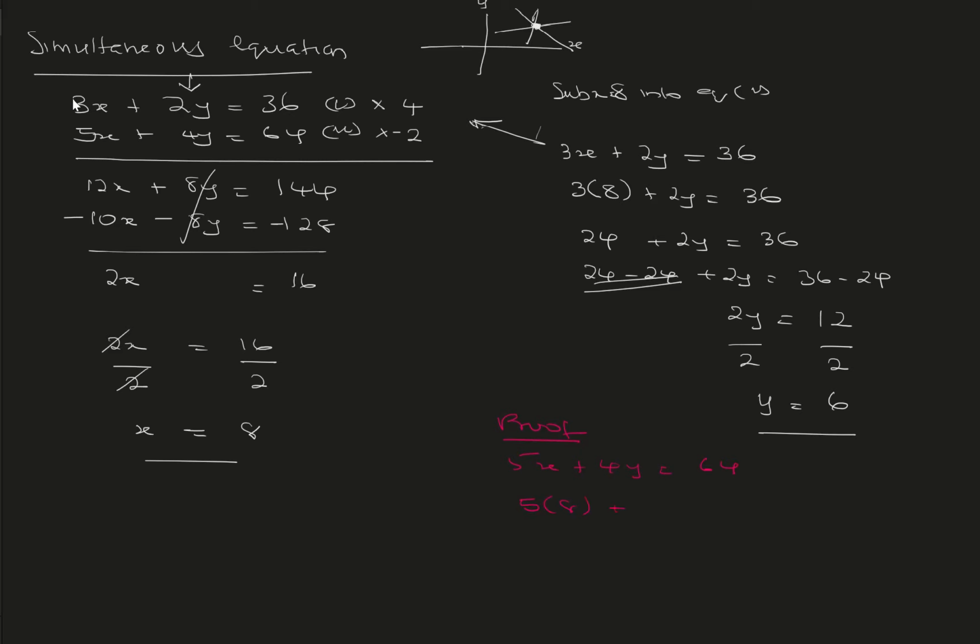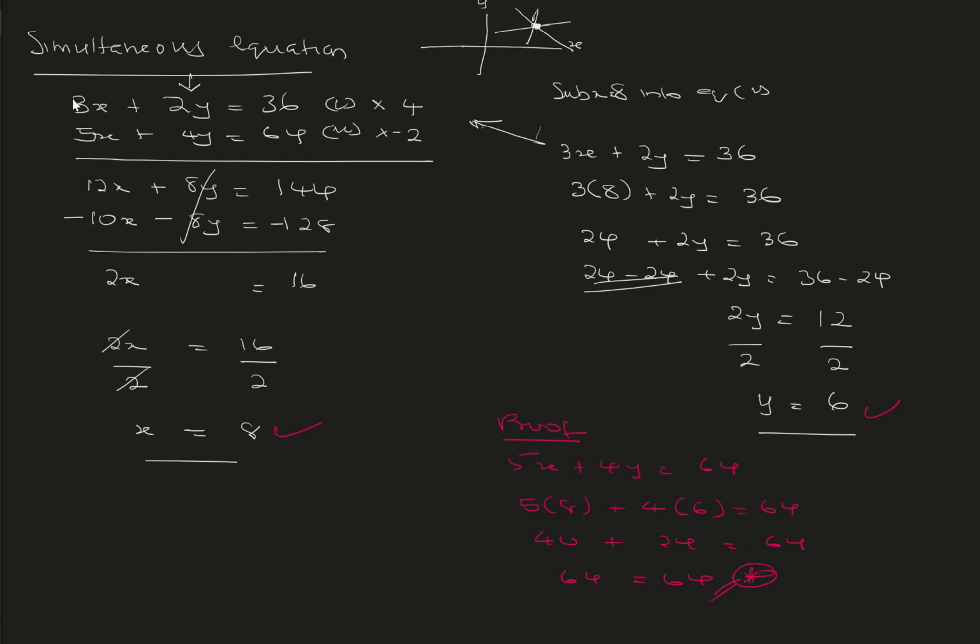You can even do it on some other paper on the side, but at least make sure that you check, because you can easily make a mistake somewhere with these signs. Here we get 40 plus 24, and then we get 64, like that. So here we have 64 is equal to 64. So we've shown our work there, and this is our x, that's our y, and they both fit into our equation there.